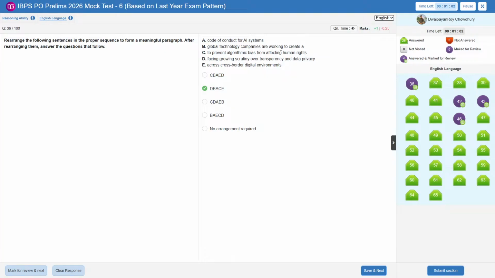Global technology companies are working to create a code of conduct system across cross-border environments to prevent rights violations.